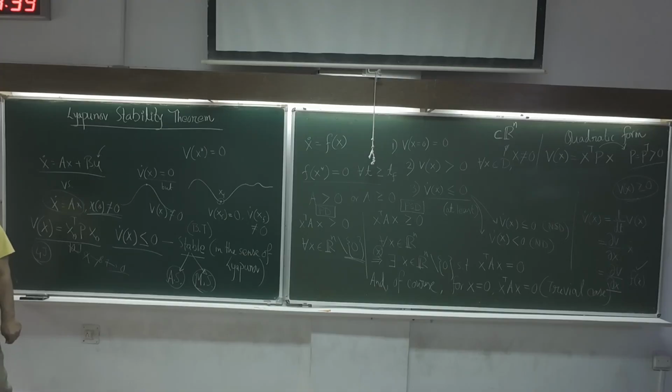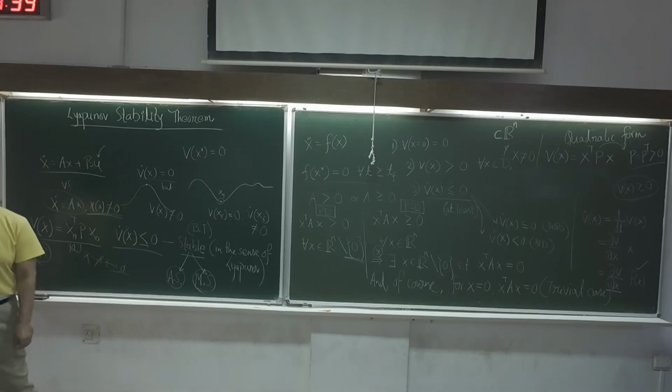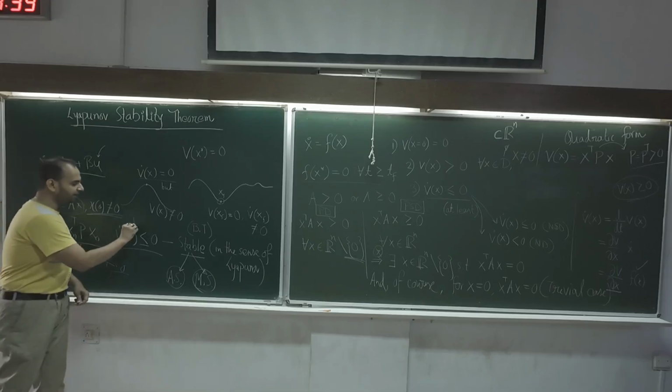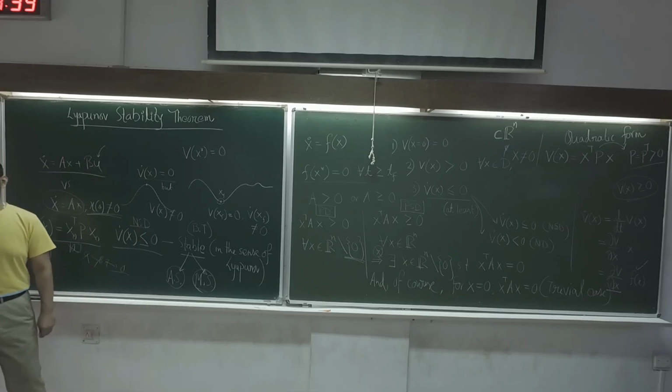Once again, if you can't find a V function whose V dot is negative definite, that doesn't imply the system cannot be asymptotically stable. Why? Because someone else may be able to find a better V function whose V dot would be negative definite. So when you get a V whose derivative is less than or equal to 0, that is negative semi-definite, it can become negative definite.